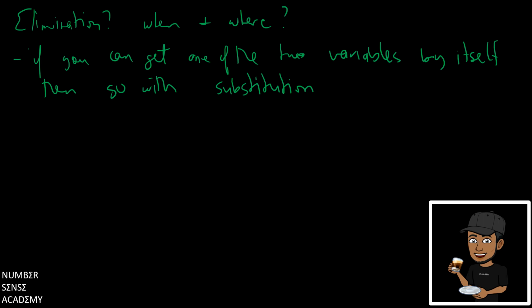The difference is that when you use substitution, you typically get a longer equation. When you do elimination, you get an equation that has the same number of terms right away.